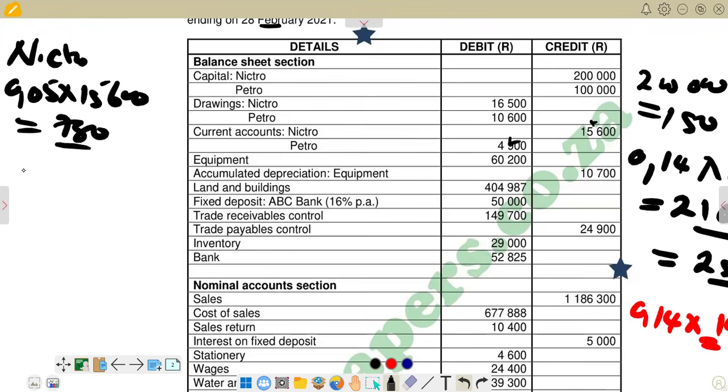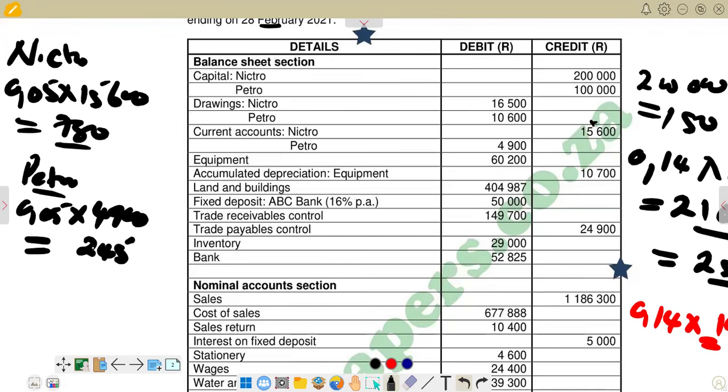This is for Nitro. Then we go to Petrol. For Petrol, we are saying 0.05 again. Then we multiply by the balance that we have for Petrol, which is 4,900. Then we calculate, and the amount that we are going to get there is 245. But remember, this one we're going to show as a negative since it's a debit balance.